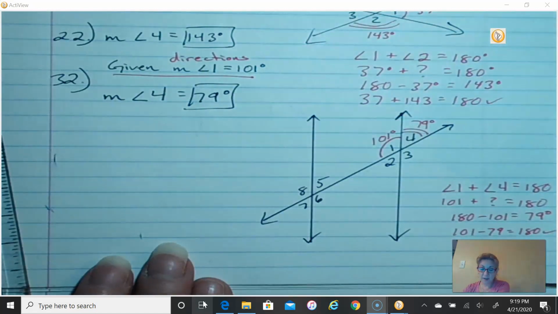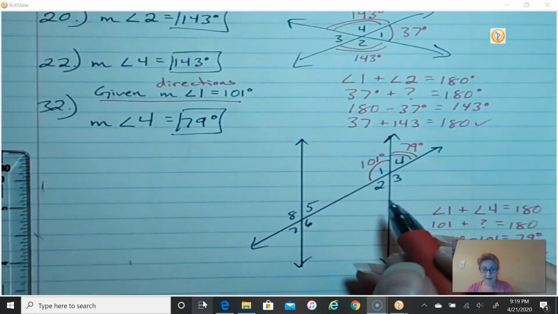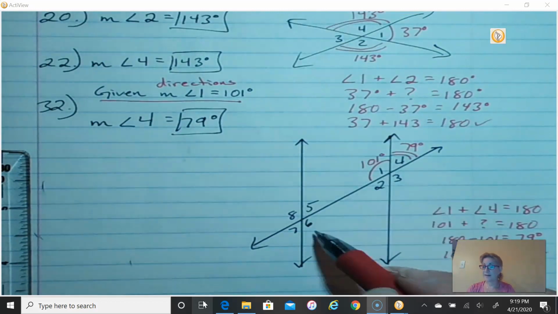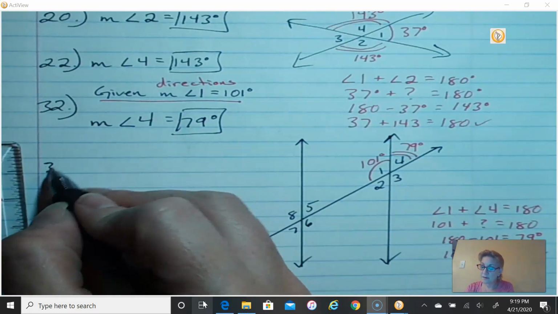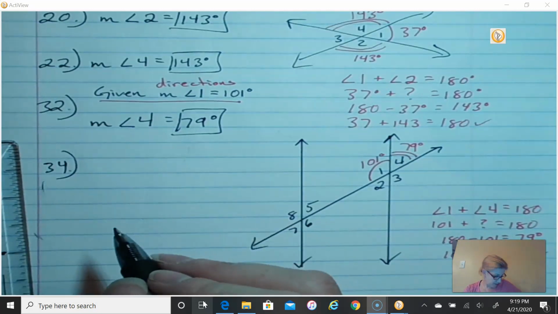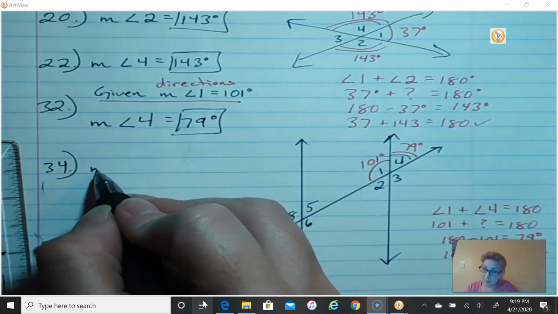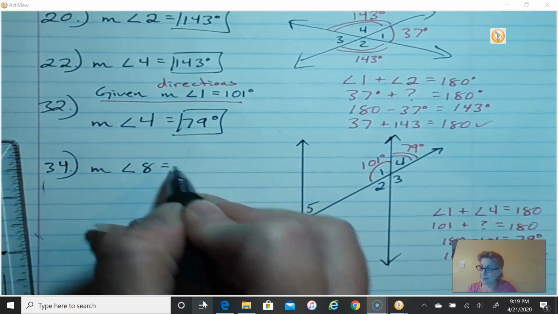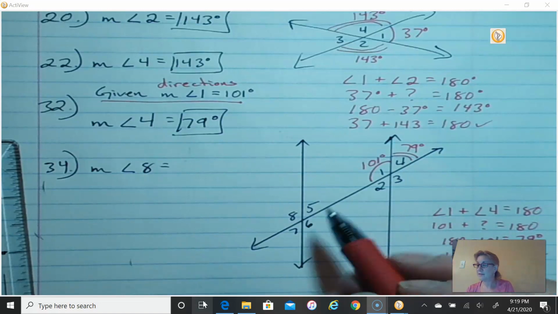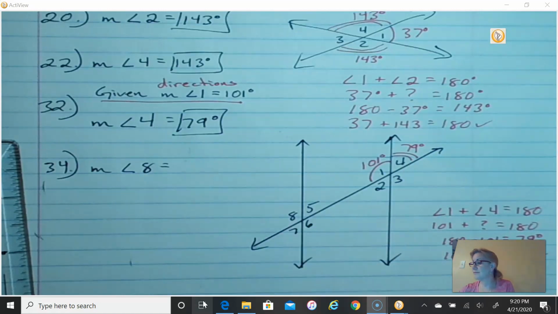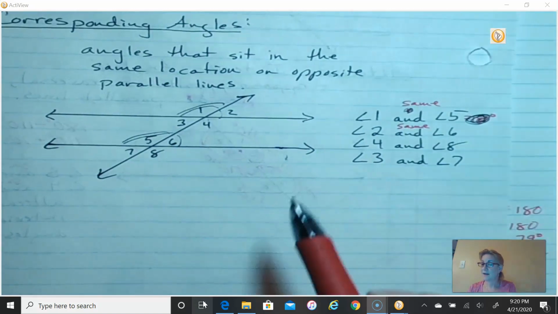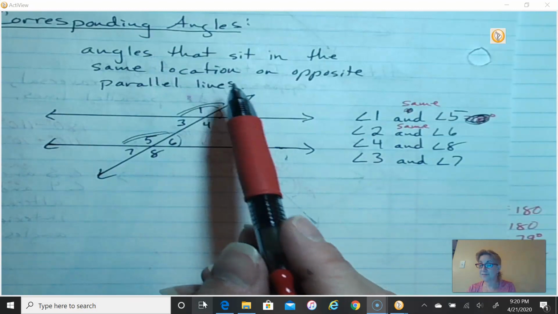Now with that information, I guarantee you'll be able to find all these others. Like, look at 34. I'm going to do one more. 34 is asking the measurement for angle 8. Remember, where is it? Corresponding angles.